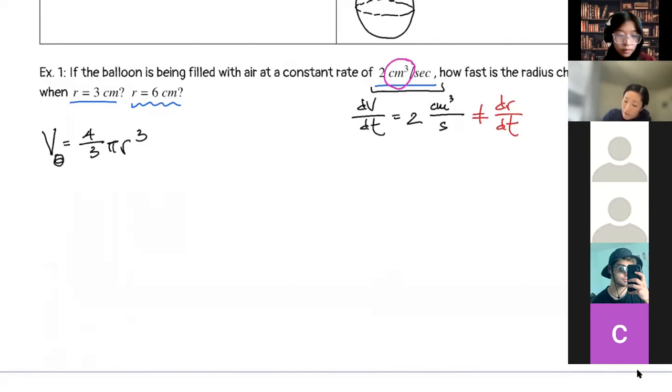Because we have dV/dt, it is not the same as dr/dt, meaning that not every part of the balloon changes at the same rate. Some parts change faster, some parts change slower, some parts change differently at any given moment in time.